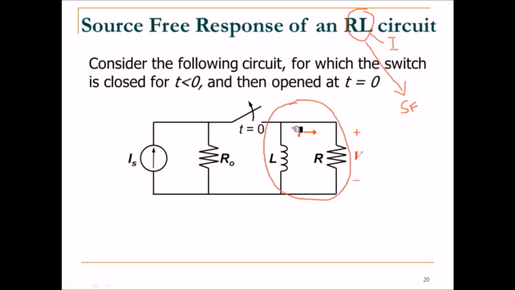There is no source, but still the current will flow through the circuit for a short amount of time. This is due to the application of source when t is less than 0. So we are going to analyze only the combinations of R and L with initial current as I0.